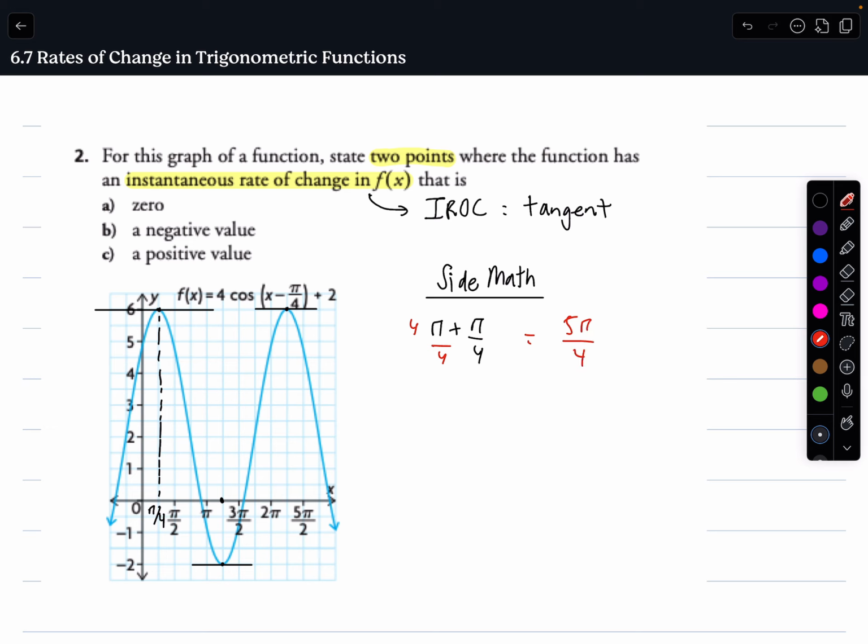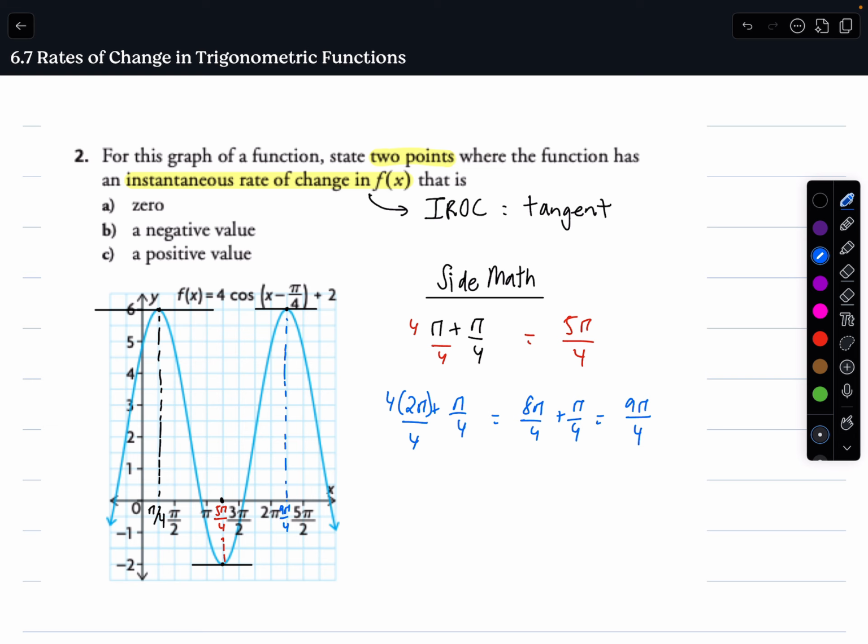So that's what this point is, 5 pi over 4. And we also have this point over here where we can do another side math. We can say 2 pi plus pi over 4. And then we got to multiply top and bottom by 4. So we end up with 8 pi over 4 plus pi over 4, which is 9 pi over 4. So 9 pi over 4.